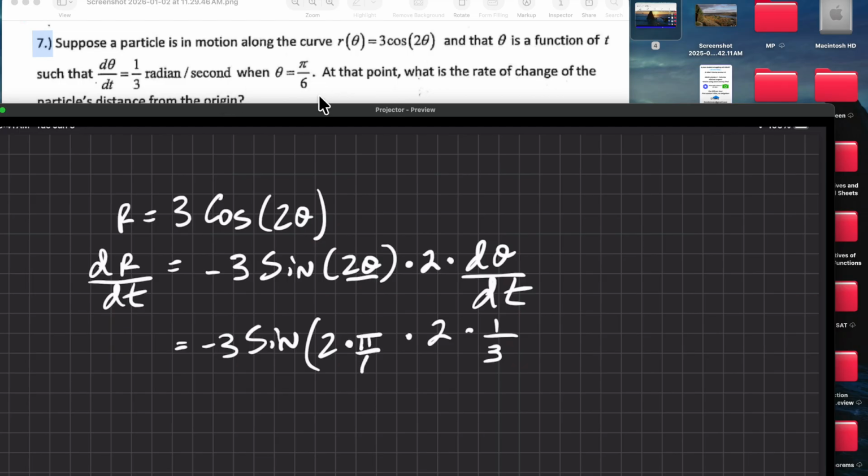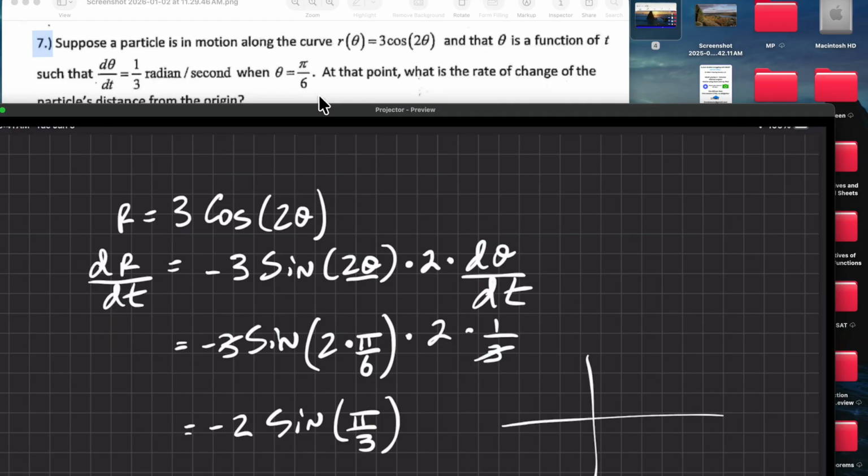So 2 times pi over 6, we're going to end up with this. These 3's cancel out. So we're going to have equals negative 2 sine of pi over 3. Okay, folks, the sine of pi over 3, we recall our unit circle. Pi over 3 is otherwise known as 60 degrees.